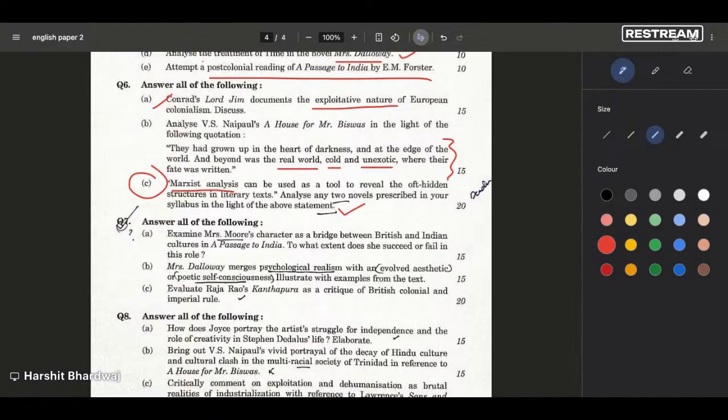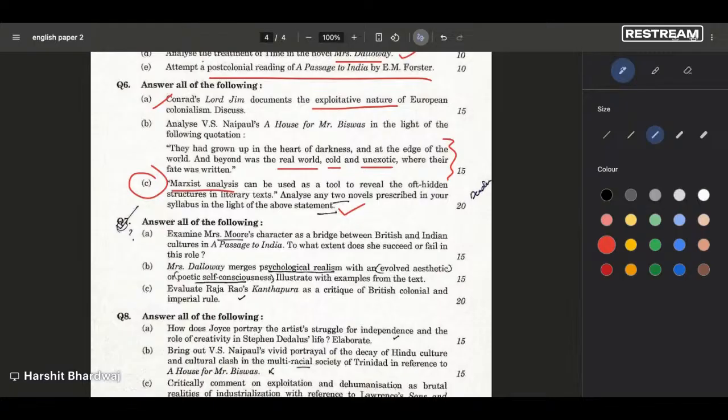So Mrs. Morel, Paul's mother, and Paul's father, there is a strife because of the class difference. Dr. Aziz aspires to become like Ronny or the English officers. He always remains in a kind of awe of Fielding, Cyril Fielding.